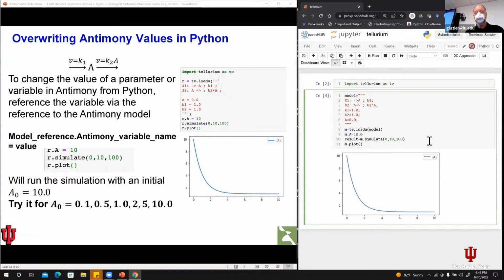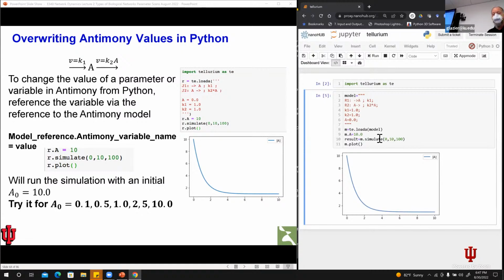If people are more familiar with dictionaries, that's certainly possible. I wasn't going to do that till later because I don't know how Pythonic people are. But yes, these are. So why don't you try that? Type M.A = 10, and now run it, and you'll see it behaves as if my initial value of A were 10.